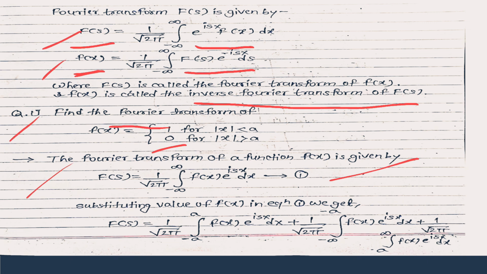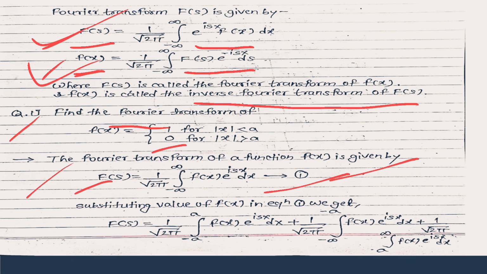As in this problem we have to find the Fourier transform, we are using this first formula. If we have to find inverse Fourier transform, then we are going to use the second formula. We denote this given formula by equation number 1, and in the next step we will substitute the values of f of x in equation number 1.